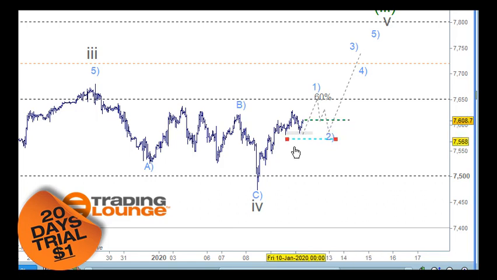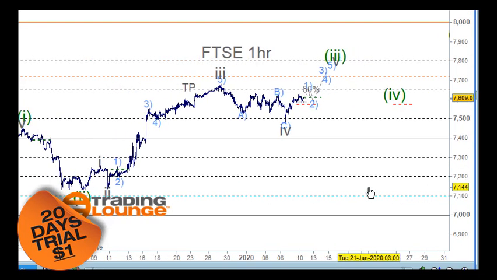Just one thing here is that if we get 5 waves up here and it takes out that top there, that can be the end of the top. No, it's still got to move up further, doesn't it?